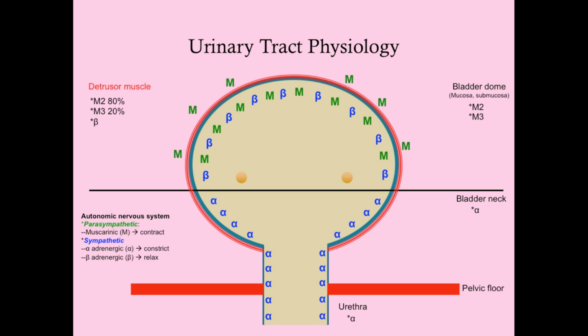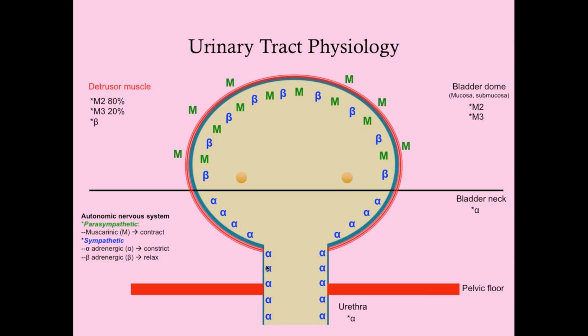And that is good if you don't want to urinate, because you don't want the pressure in your bladder to go up. If the pressure in the bladder goes up, it's going to favor urine leaving the bladder. Now, on the other hand, in the bladder neck and the urethra, if you don't want to urinate, you want that closed off. Because if the urethra is open, then it's going to favor urine leaving the bladder, because you have a high pressure gradient between the bladder and the urethra.